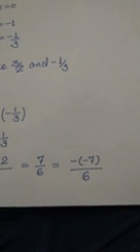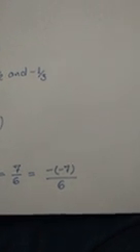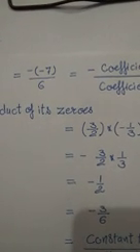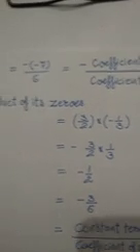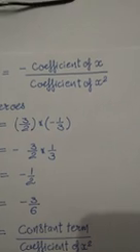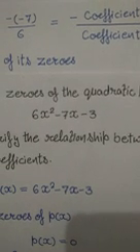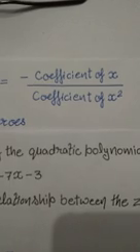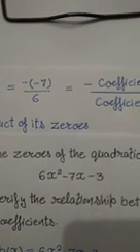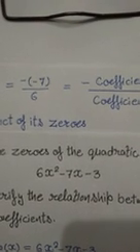Why am I doing this? Because I want to make it minus 7 by 6, since minus 7 is the coefficient of x in the polynomial. Look at the polynomial carefully. That's why I am putting minus 1 inside and outside.